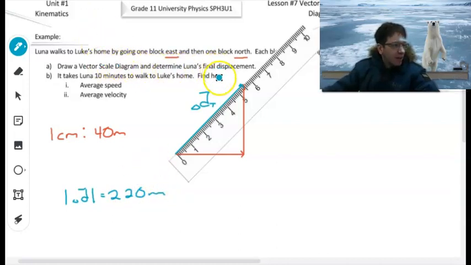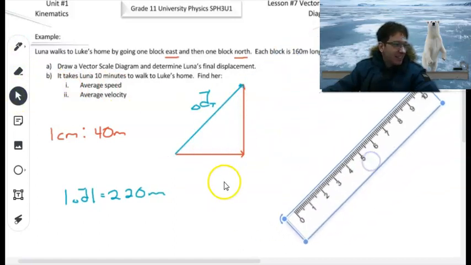Okay, so that's the final displacement, and then you would have to figure out the angle. You can use a protractor, again, to measure that. In this case, I don't really need a protractor because if that's 40 and that's 40, if this is 160 and that's 160, they're both the same length. That's a nice isosceles triangle there, so I know the angle is going to be 45 degrees.